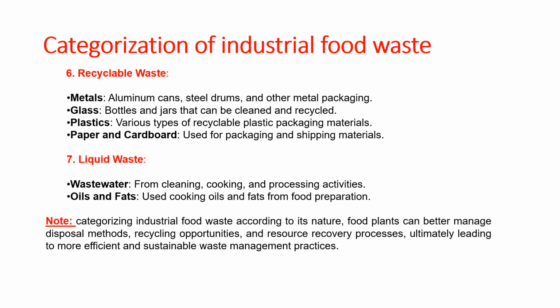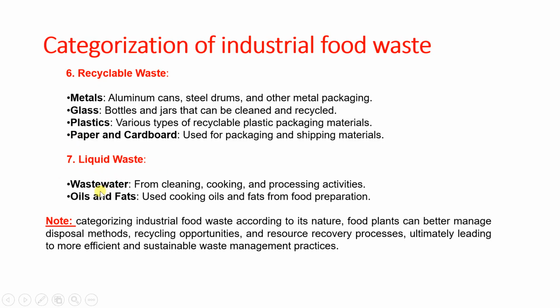And we have also liquid waste. According to the physical state, we can categorize industrial food waste as solid, semi-solid, and liquid, as well as gases, because those are the main classifications based on the physical form or nature of the food waste.